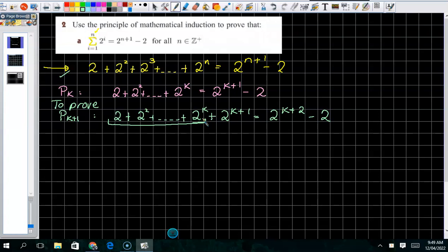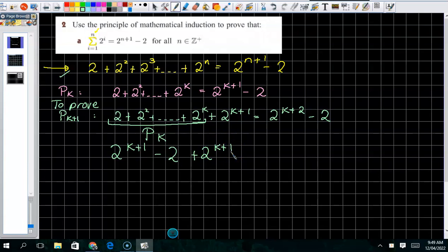I can see that that is in fact PK, right? So now I can replace that and say this whole thing here is 2 to the k plus 1 minus 2 using PK, but then I've still got my plus 2 to the k plus 1 there.